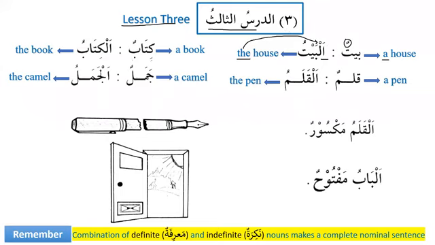Similarly, we have kitabun, a book. And when we add al to that, it becomes al-kitabu, the book. Qalamun, a pen, and al-qalamu, the pen. And similarly, jamalun, a camel, and al-jamalu, the camel.